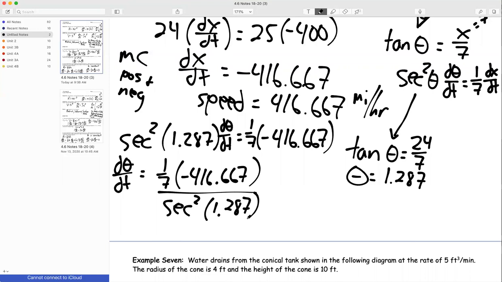I'm going to write 1 over secant squared as cosine squared. So I could write this as cosine of 1.287 squared. So now take your calculator and let's find dθ/dt. Everybody get their calculator and work it out.